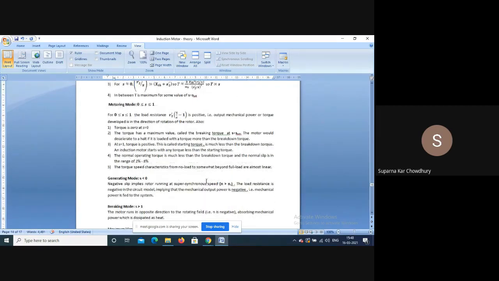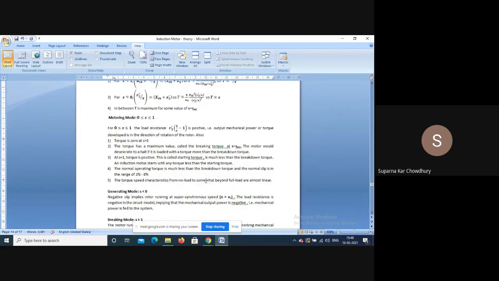Now we can define different modes. For the motoring mode, slip lies between 0 and 1. 1 is starting, 0 is synchronous speed, so slip lies between 0 and 1. This is the motoring mode. Why is it called motoring mode?